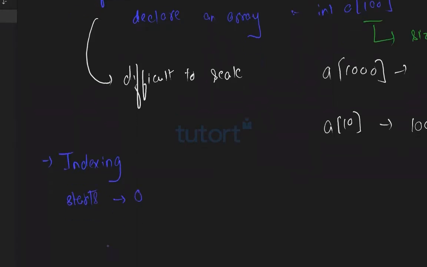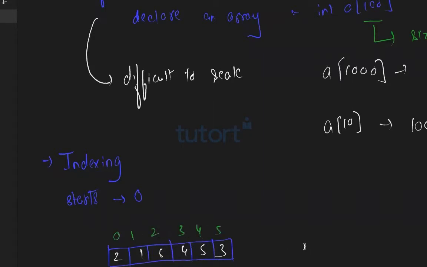Suppose you have defined an array; this is how we visualize an array: a box with certain cells in it, like this. If you have the elements, you can fill in any elements, like 2, 1, 6, 4, 5, 3. So how does the indexing work? 0, 1, 2, 3, 4, and 5.